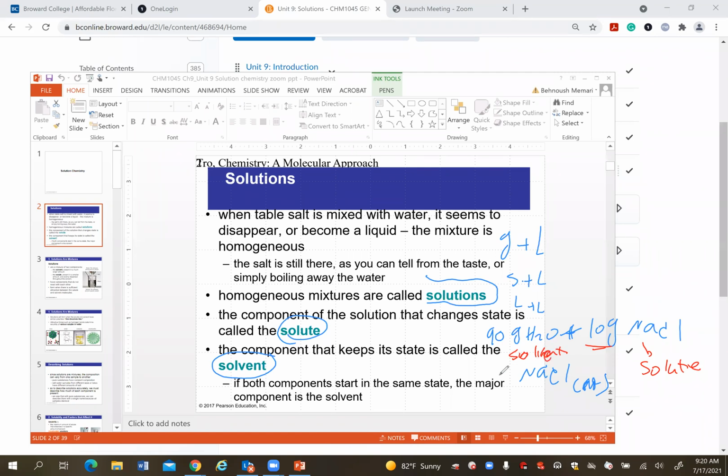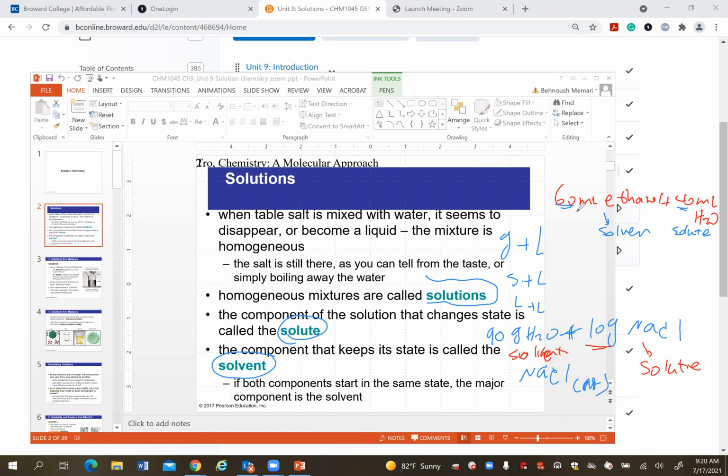But if you have 60 milliliters of ethanol plus 40 milliliters of water, in this case, ethanol would be the solvent because of the 60 milliliters, and water would be the solute.